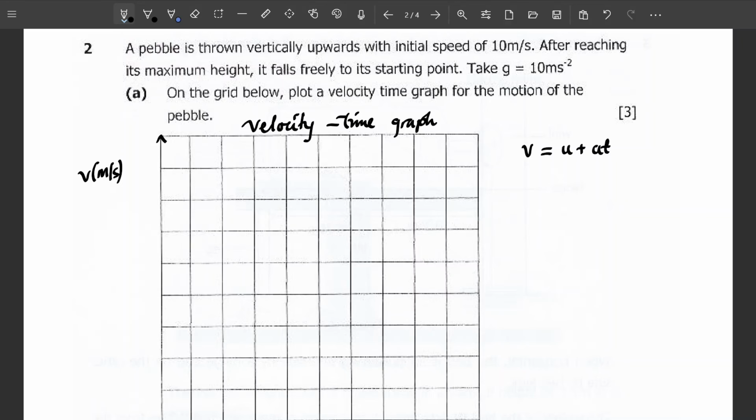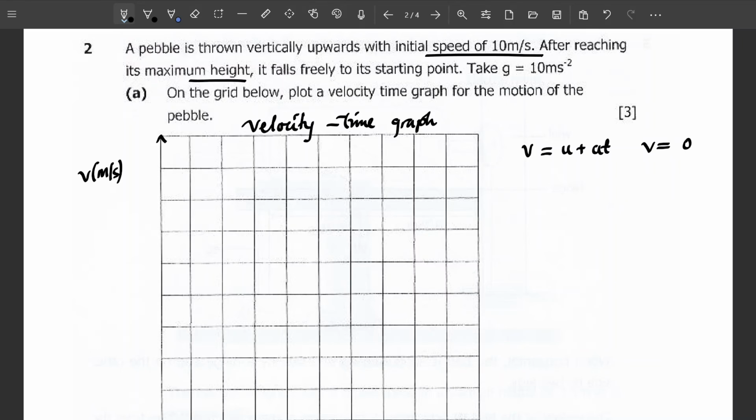That's why I've said initial velocity is 10 meters per second. But the velocity at maximum height is 0. At that maximum height it will reach, the final velocity is 0.